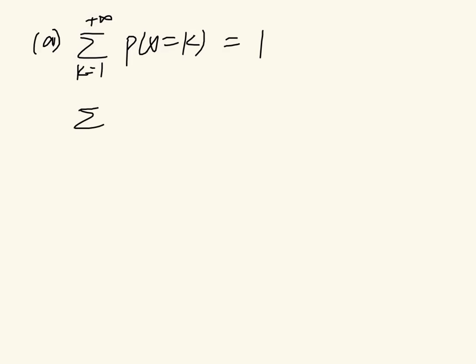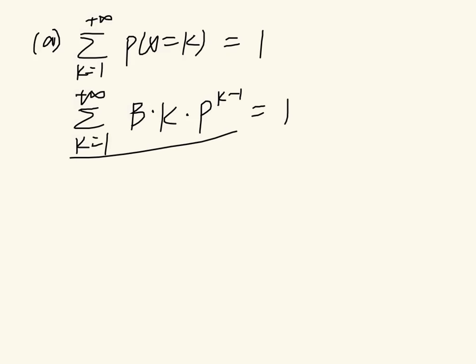We know if P of X equal to k represents a probability mass function, we have the equation that the sum over k of P of X equal to k is equal to 1. That is, the sum of b times k times p to the power k minus 1 equals 1.